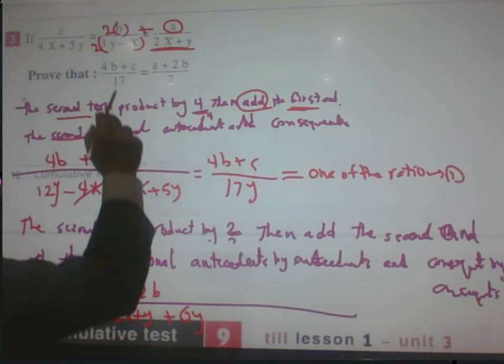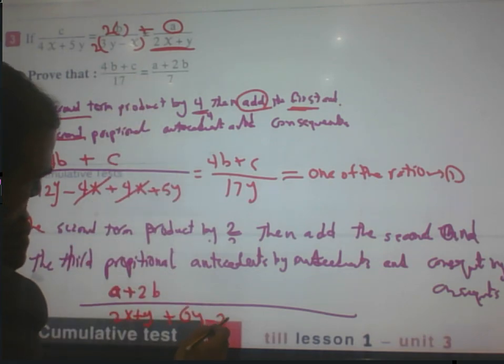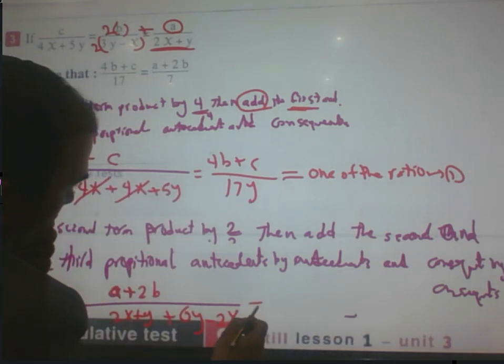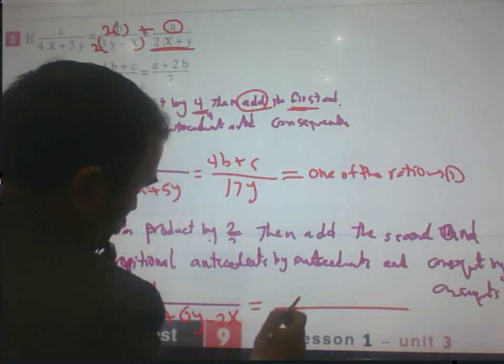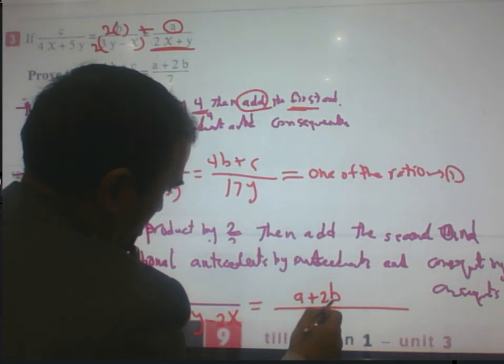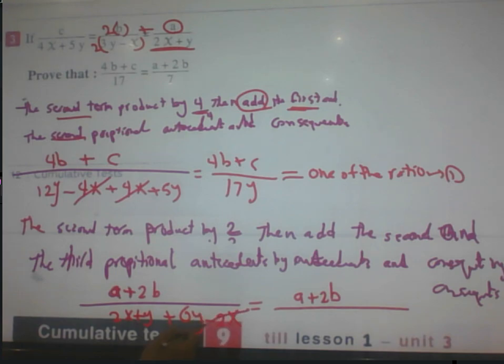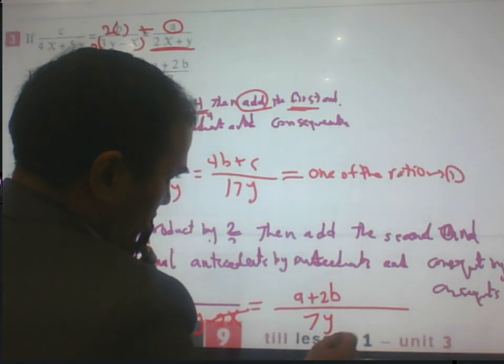And 2 times negative x, it will be negative 2x. Right, a plus 2b, and down negative 2x plus 2x is 0, and y plus 6y, it will be 7y.